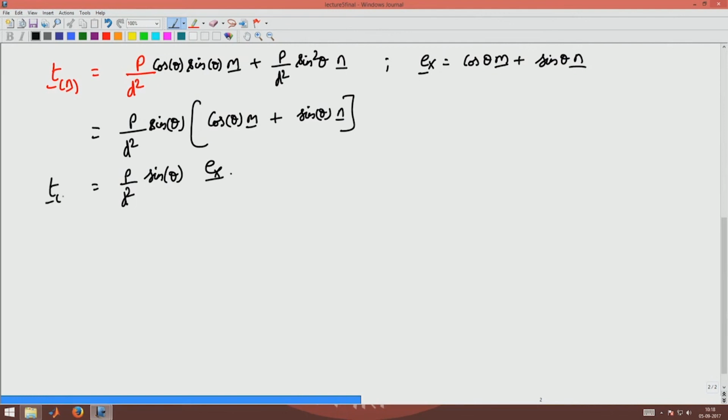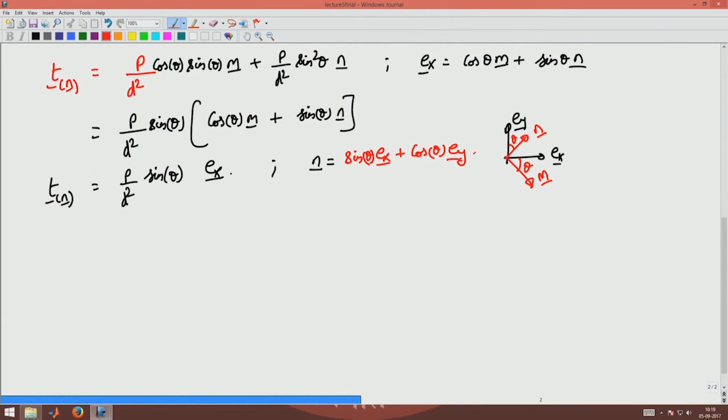This is the traction along the normal direction, where n, if I resolve n, if this is Ex, Ey, this is n, this is m, this angle is theta, n would be sin theta Ex plus cos theta Ey.